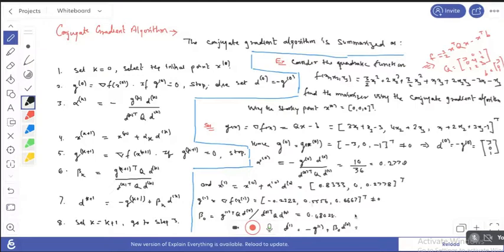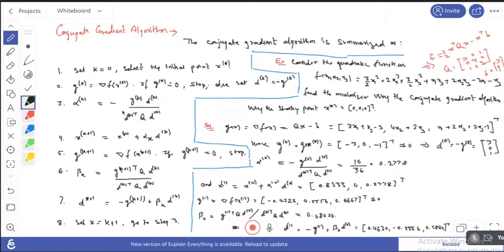On solving that, we get this value: 0.4630, minus 0.5556, 0.5864 transpose. This value is your d1. And now you go to step 3 here. So now your d1 is already known, so for alpha 1 you have the g1 value, and now you get the d1 value here.